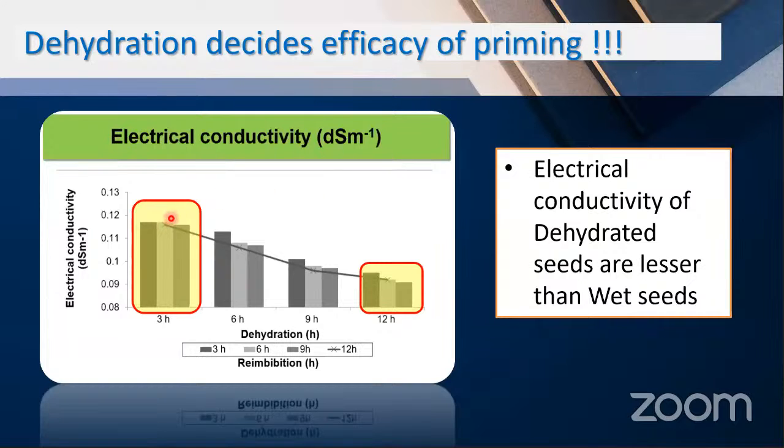So after 48 hours of soaking, if you dry it for 3 hours, the electrical conductivity is high. That is, reorganization has not yet happened. But when you dry to 6 hours, 9 hours, and finally 12 hours, the membrane integrity has been regained. This is an important effect of dehydration on the seed.